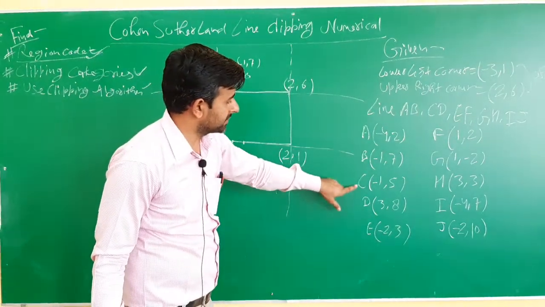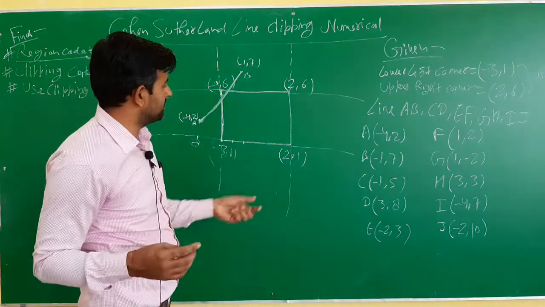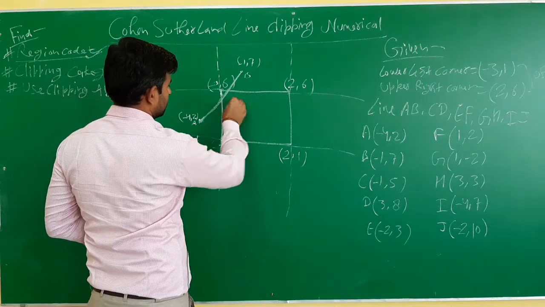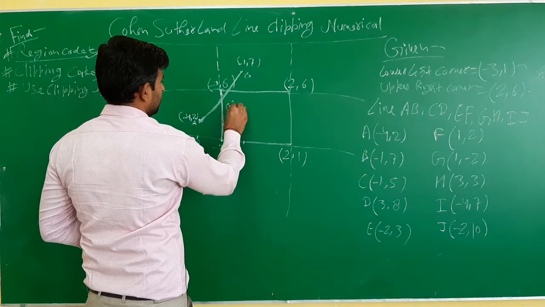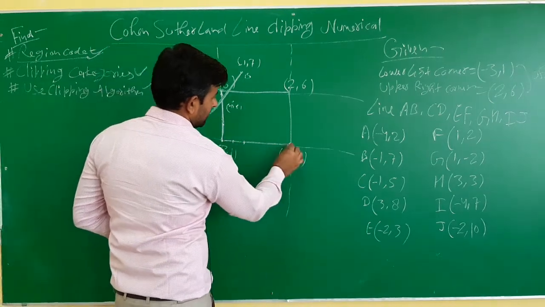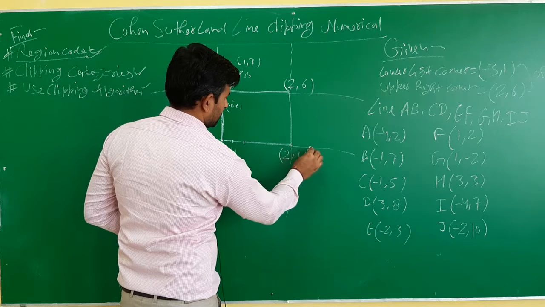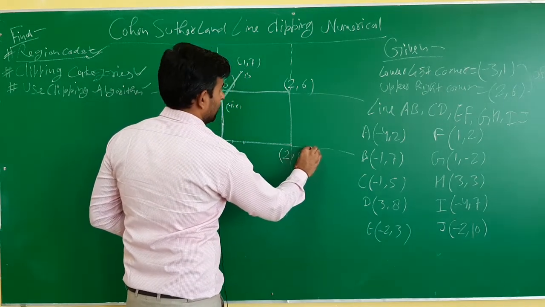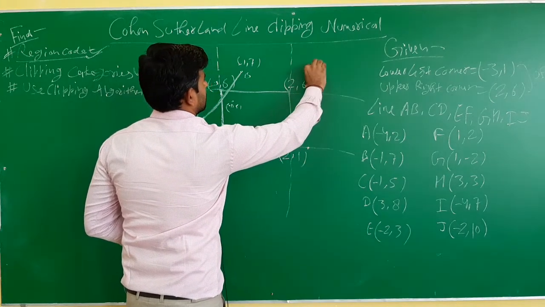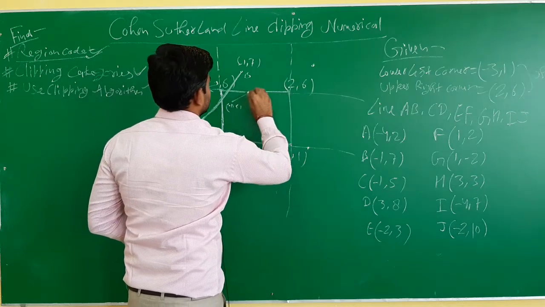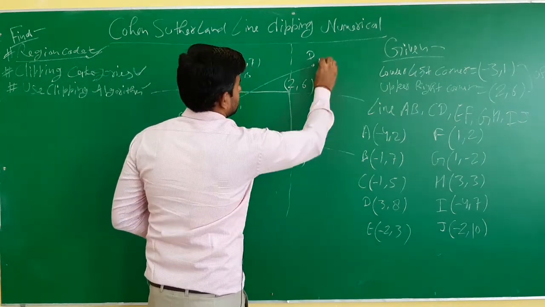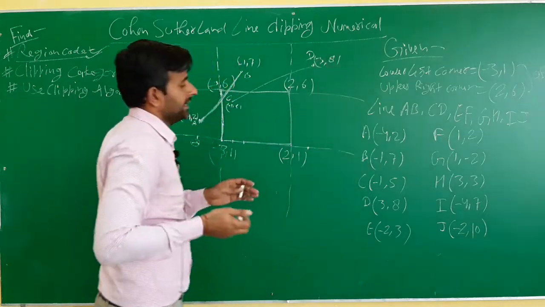Next we have C and D. C is -1, 5, clear, and D is 3, 8. 3 will be here, and 8 like here, then this will be the line CD. D has the points 3 and 8.